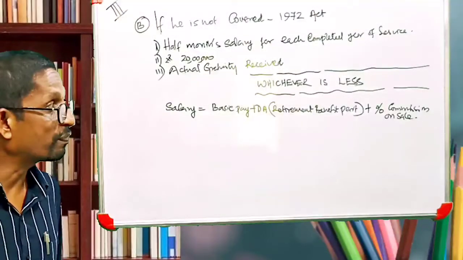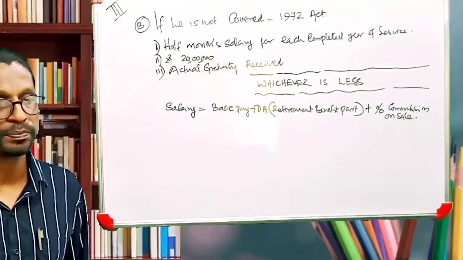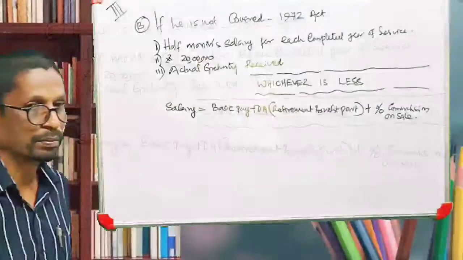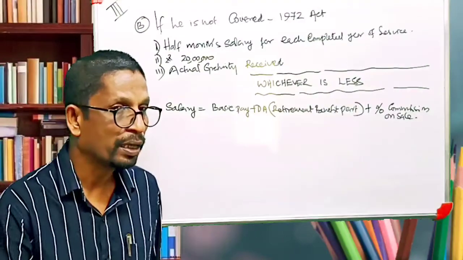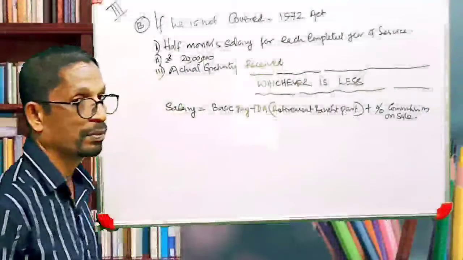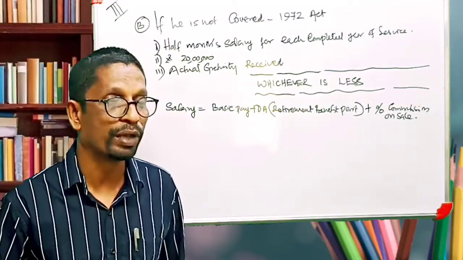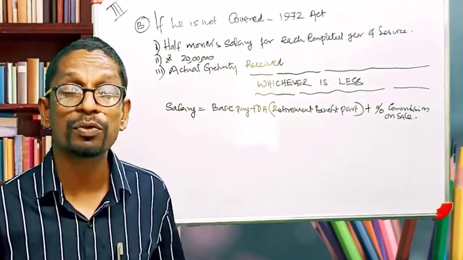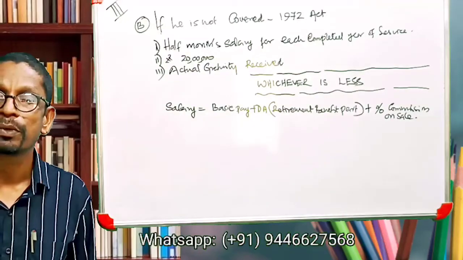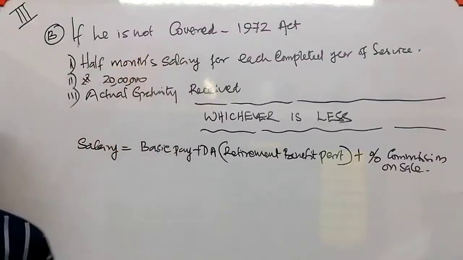That means out of these three figures, the least figure will be exempted from tax. And again here the term salary means basic pay plus DA. Out of the total DA, we are not taking the total DA, we are taking only the part which is taken for the retirement benefits. And again plus fixed percentage commission on sales.